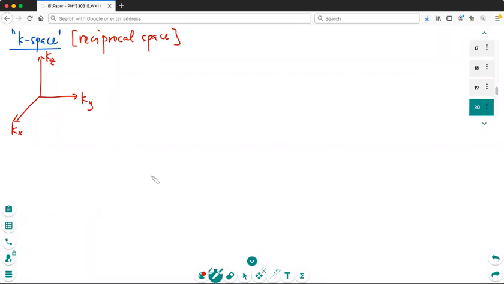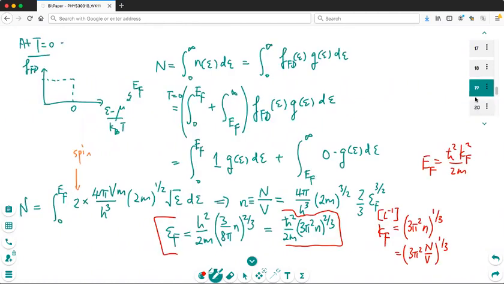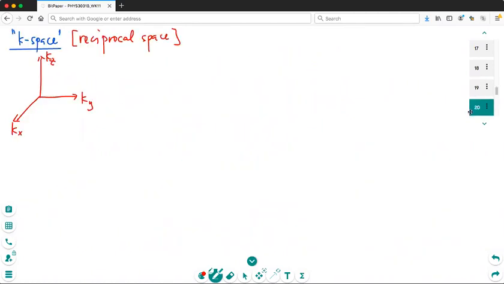And then on this space I want to describe my Fermi surface. That is why I want to develop this picture for you. Okay, let's get started.